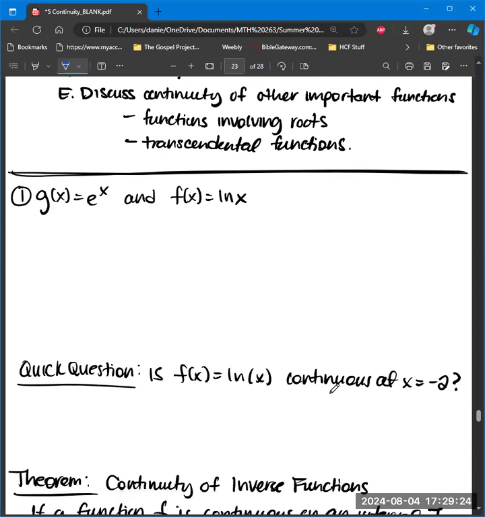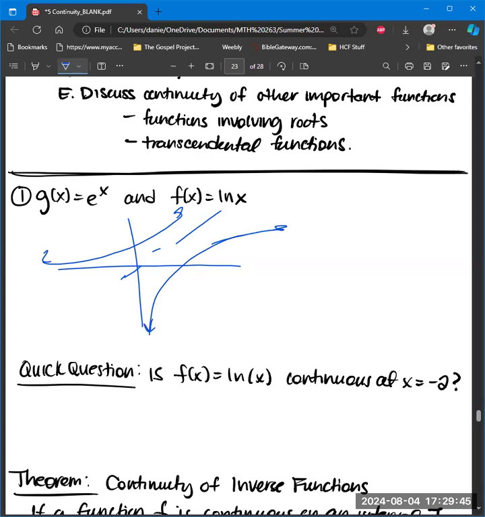So let's look at the function g of x and the function ln of x here. g of x is equal to e to the x. We've looked at that one several times. We have ln of x here.